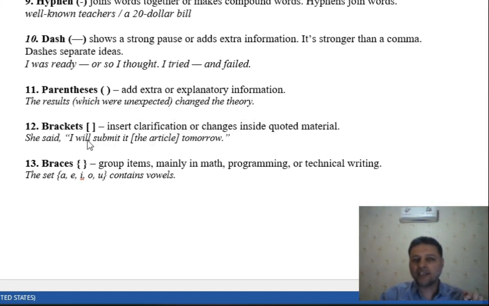Well, what about brackets? Well, brackets, as you can see, they're not like parentheses, although British people call it this, square brackets, right? Anyway, brackets insert clarification or changes inside quoted materials, right? Like, when somebody says something in direct speech, like she said, "I will submit it tomorrow."